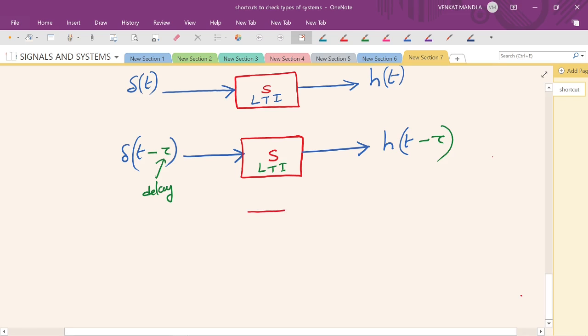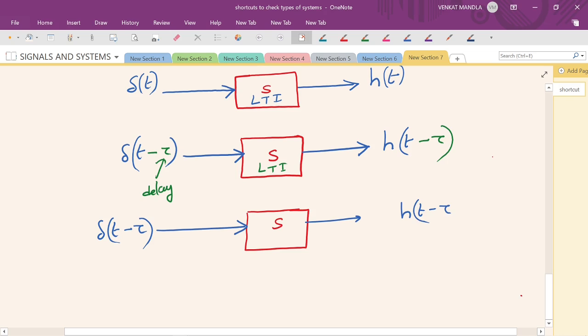Next, for the same system, this is delta of t minus tau, and this is h of t minus tau. Now I will multiply this input with x of tau.